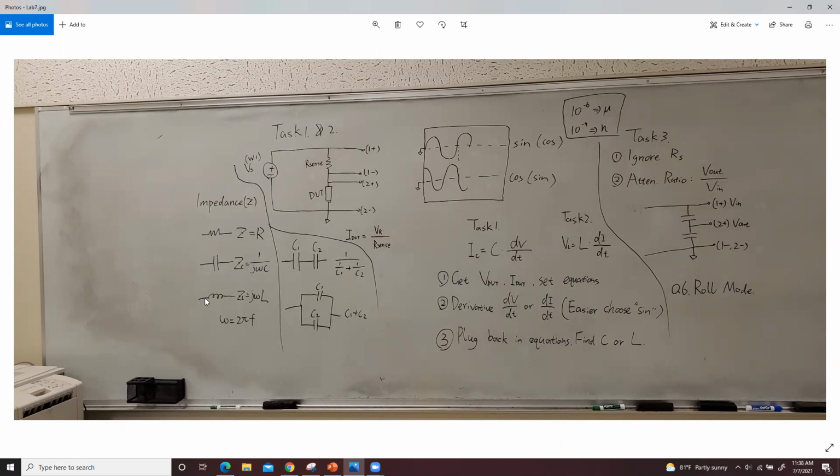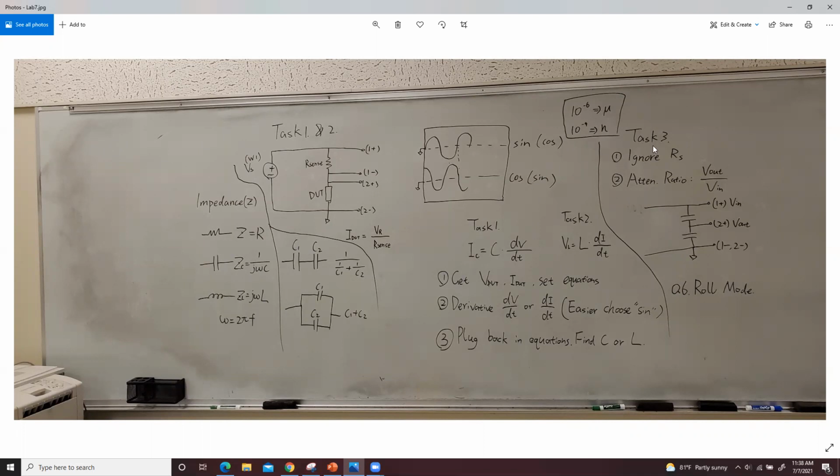For the inductor, the impedance is J omega L. The omega here is equal to 2 pi F, and F is the frequency. You see the impedance of the capacitor and the inductor is related to the frequency across the component. So that's task 1 and task 2.